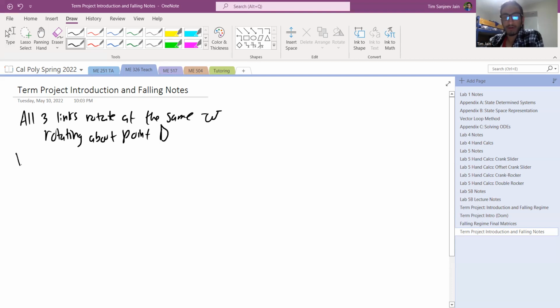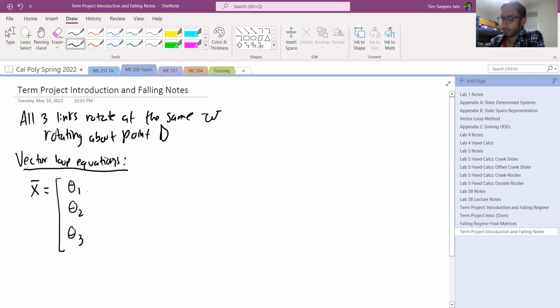So we're going to use our vector loop equations to encapsulate how we want to describe this rotation and how we want to find our state vector. Our state vector is going to be the three angular positions of the three links: theta 1, theta 2, and theta 3.